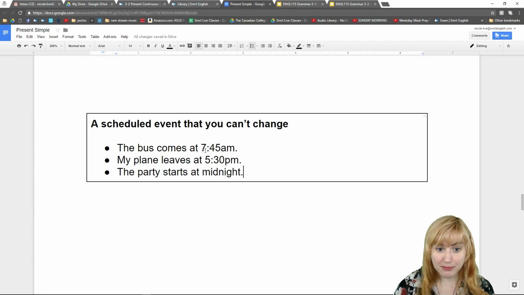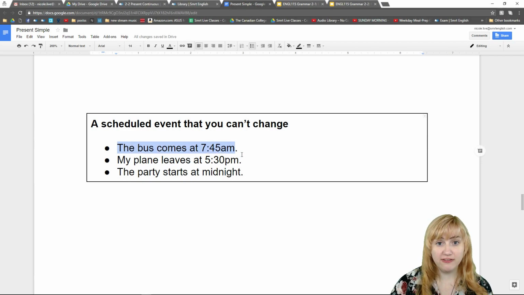And it actually doesn't matter if the event is in the future. It's okay if it's in the future. So here, the bus comes at 7:45. You can say this at 7:30 and just say, oh, the bus comes at 7:45.